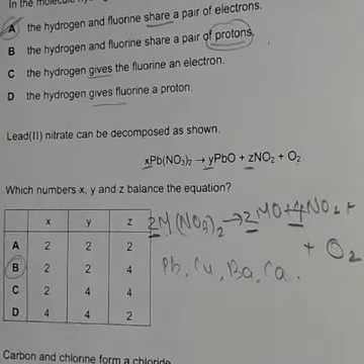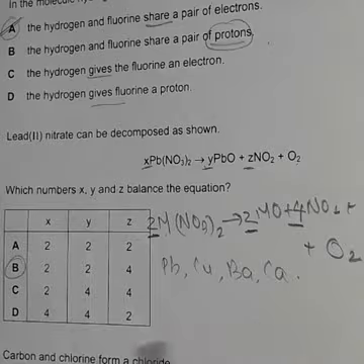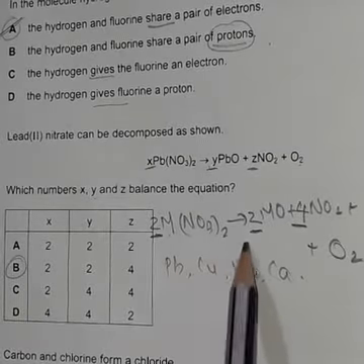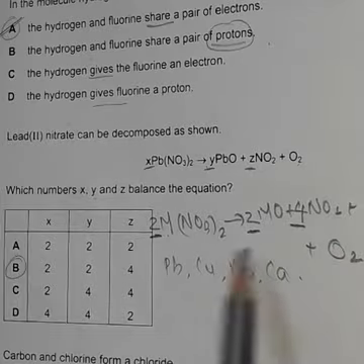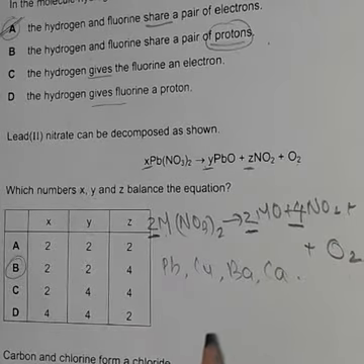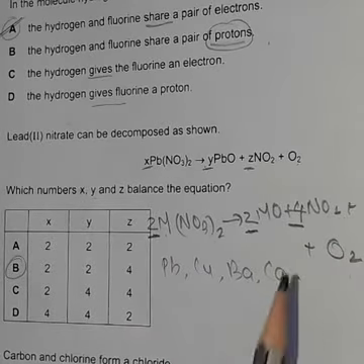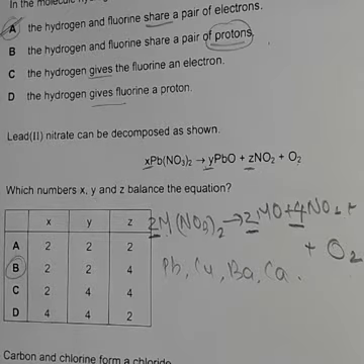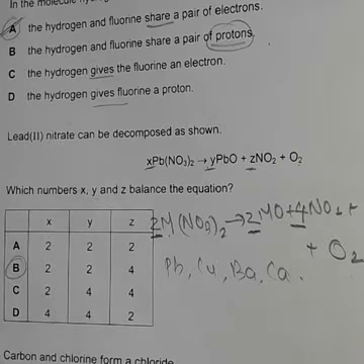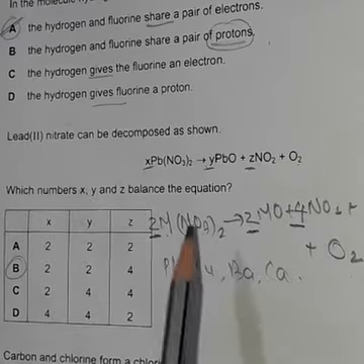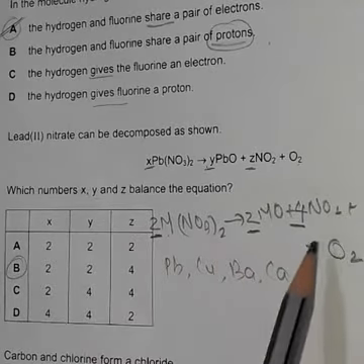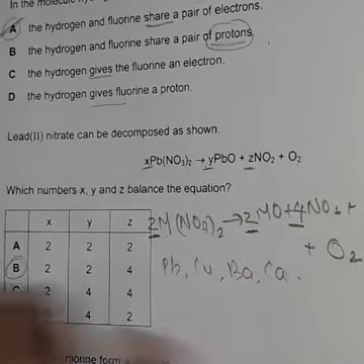Generally group 2 metals: beryllium, magnesium, calcium, strontium and barium. The nitrates of these group 2 metals decompose the same way, and all of them you balance by the same method.